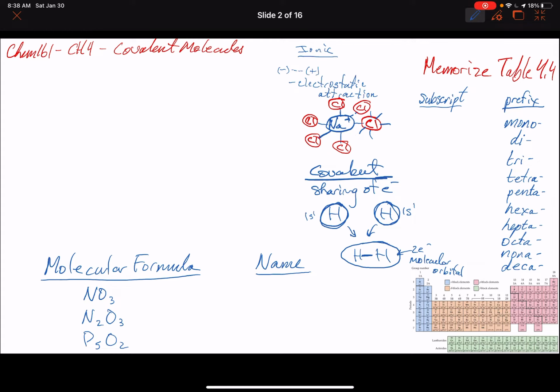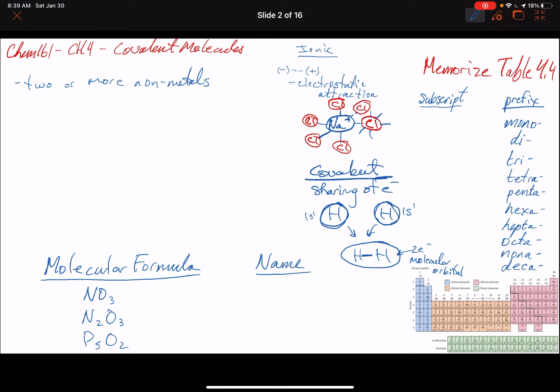So for covalent molecules, what we'll see for our naming exercise is that we'll be responsible for naming 2 or more nonmetals. Two or more nonmetals is what can occur to generate covalent molecules. So you may be responsible for picking from a list those that are covalent molecules versus ionic molecules.